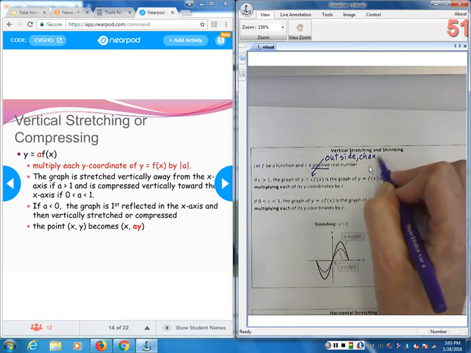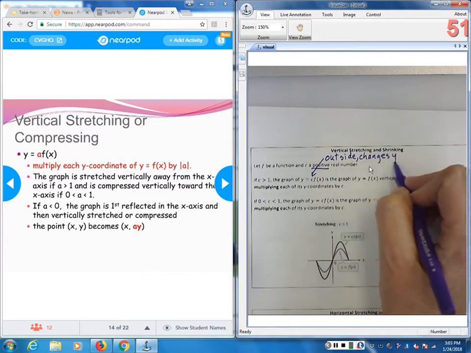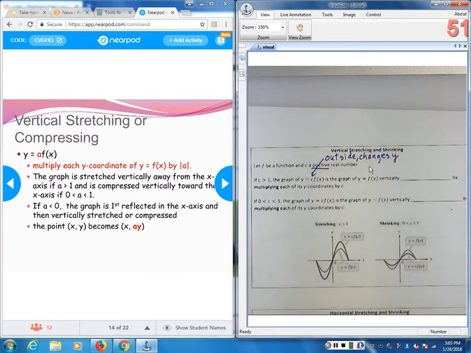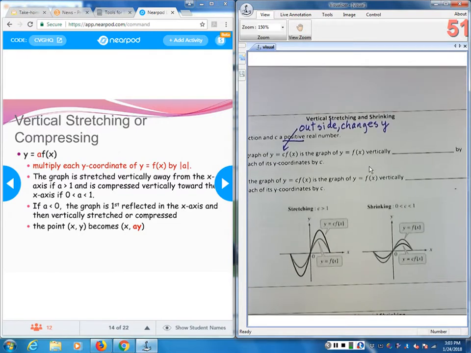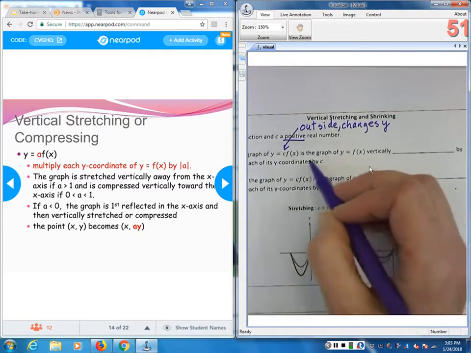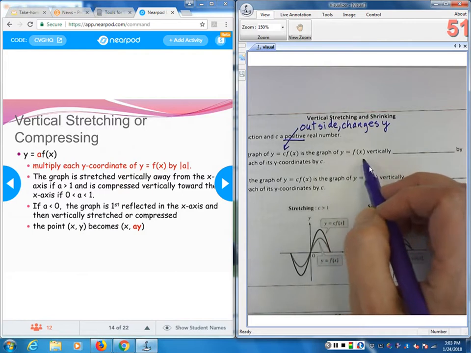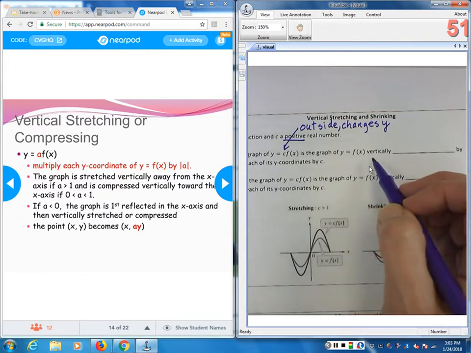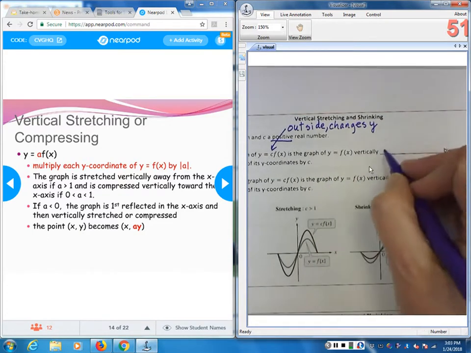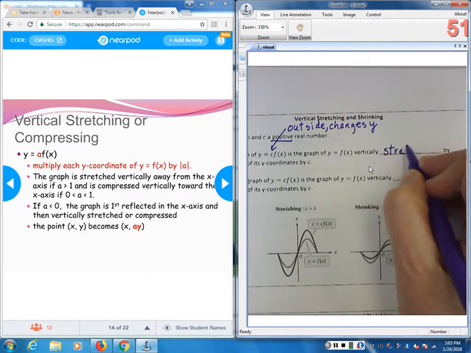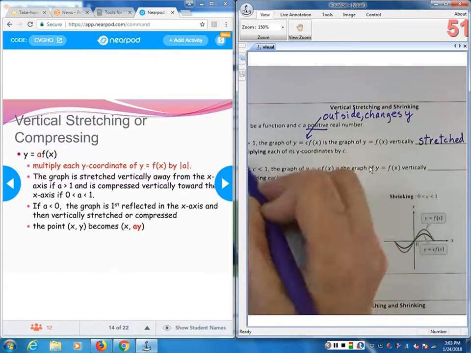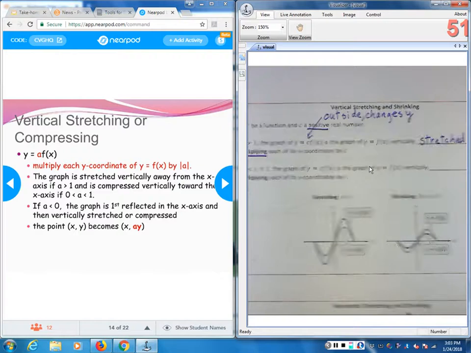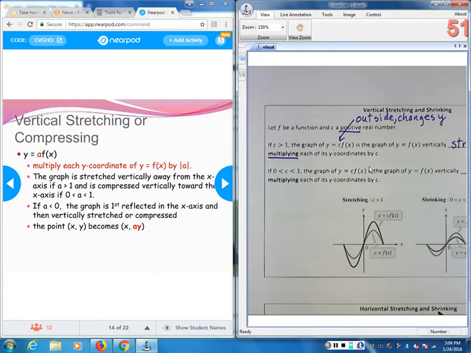Y. So the graph of y equals C times f of x is the graph of y equals f of x vertically stretched by multiplying each of its y coordinates by C.